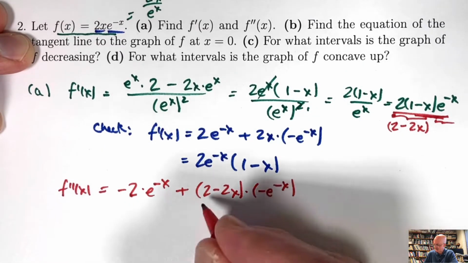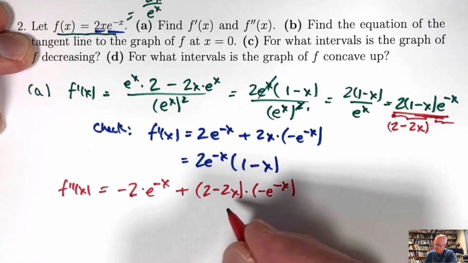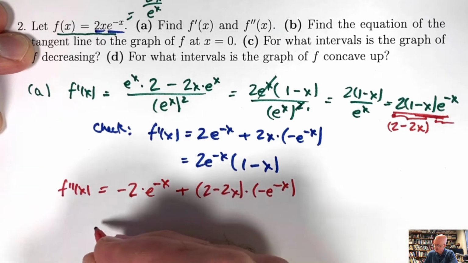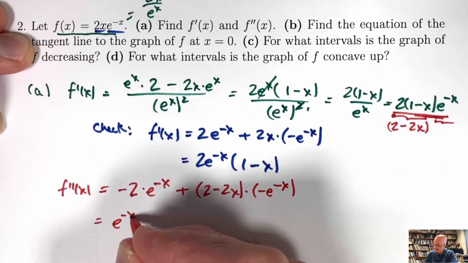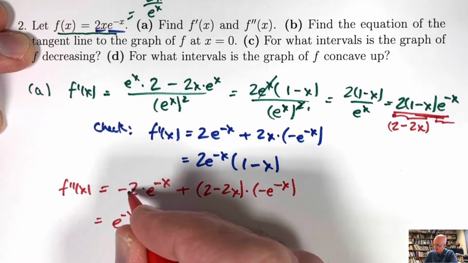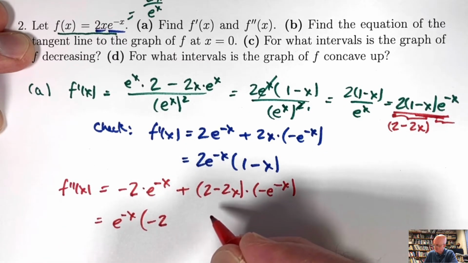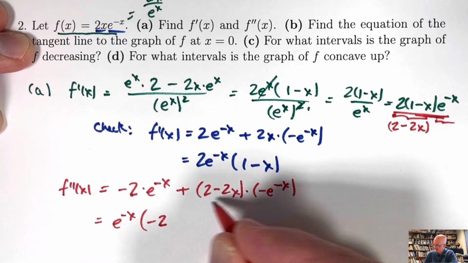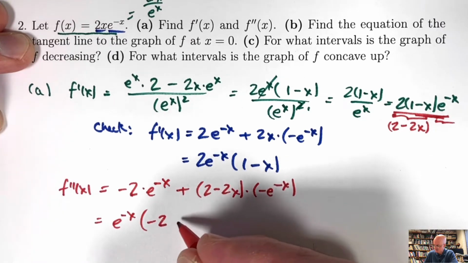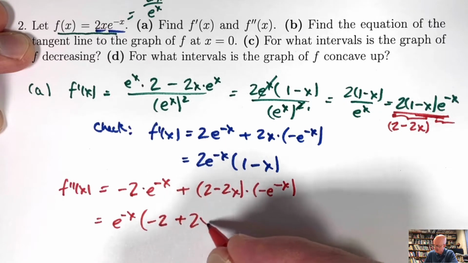Let's go ahead and distribute this through. Well, okay, maybe I should factor out an e to the negative x first here. So I get e to the negative x out in front. This one will be left with a negative 2. This one will be left with the minus sign multiplied through, so that'll be plus 2x minus 2.